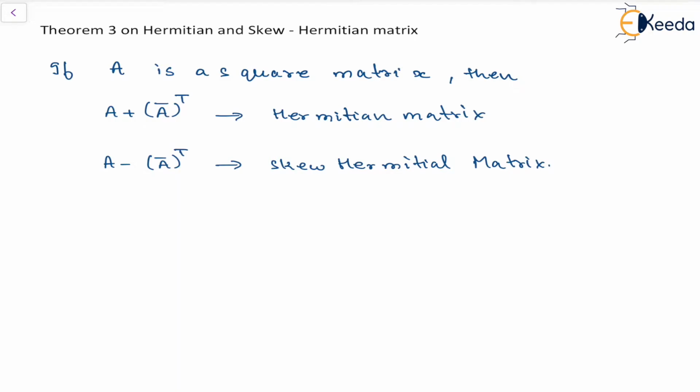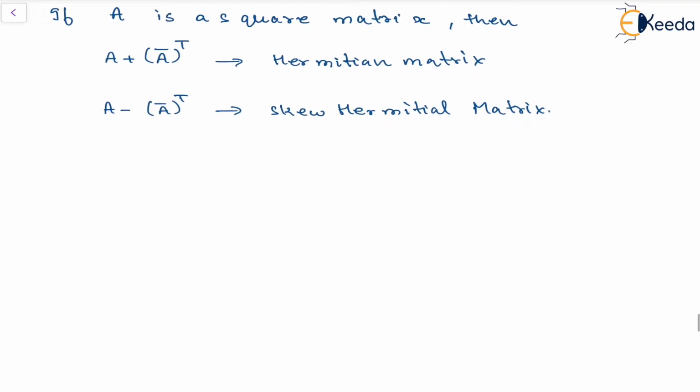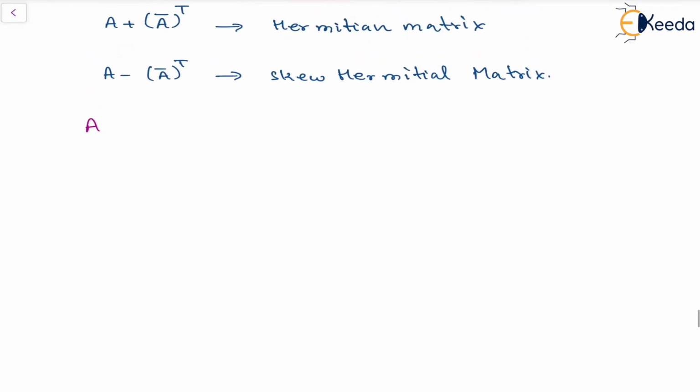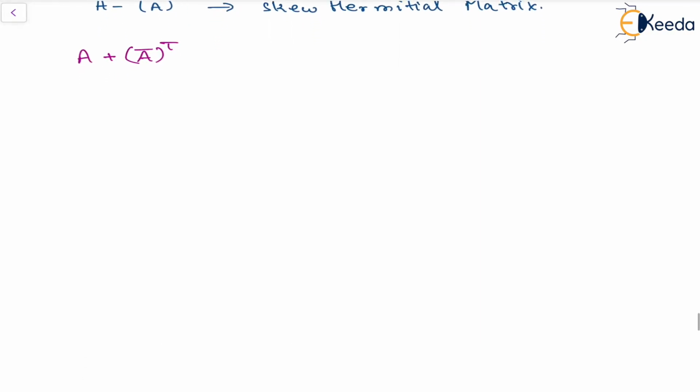Now, here we write if A is a square matrix. We haven't mentioned whether the matrix is a complex matrix or a real matrix, because being a real matrix is just a part of a complex matrix where the imaginary parts are zero. So let's say we have a matrix A, and then we have to check that A plus A transpose conjugate is a Hermitian matrix.